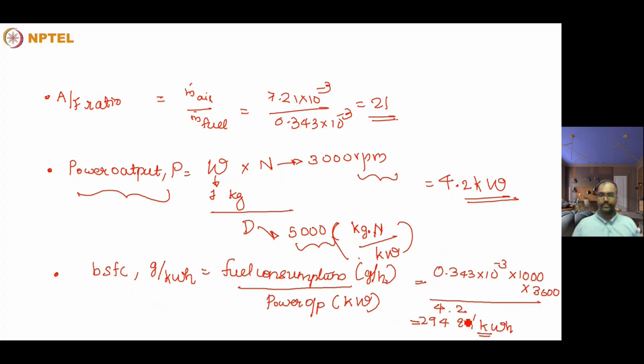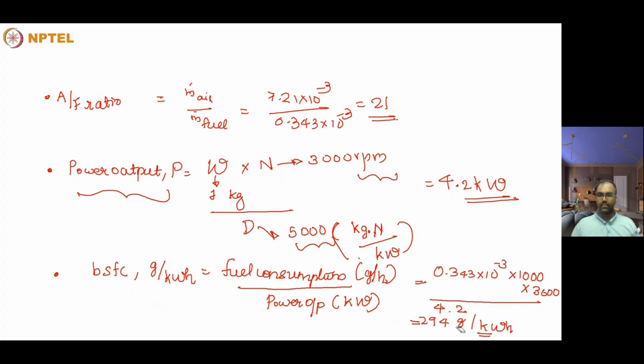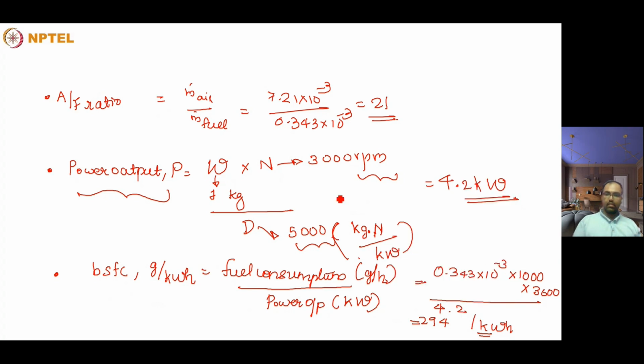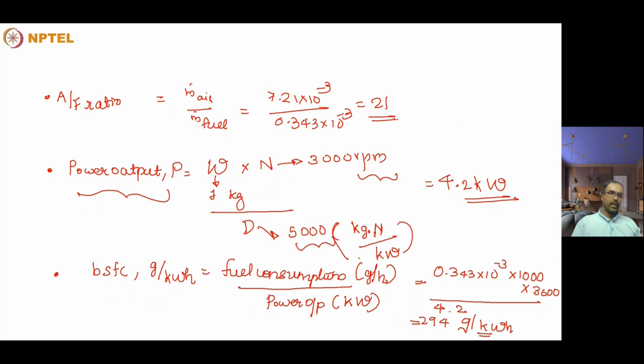This is gram per kilowatt hour. And finally, we have to calculate the brake thermal efficiency (BTH).